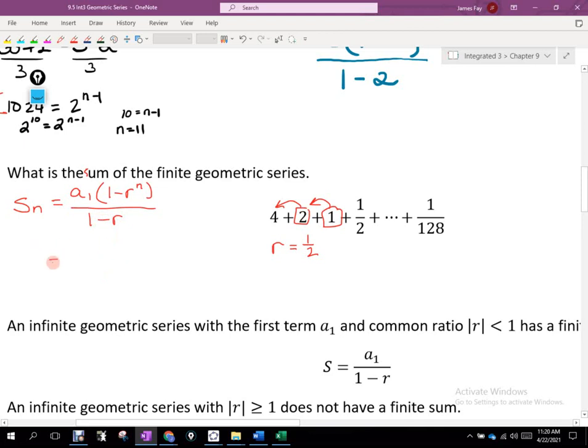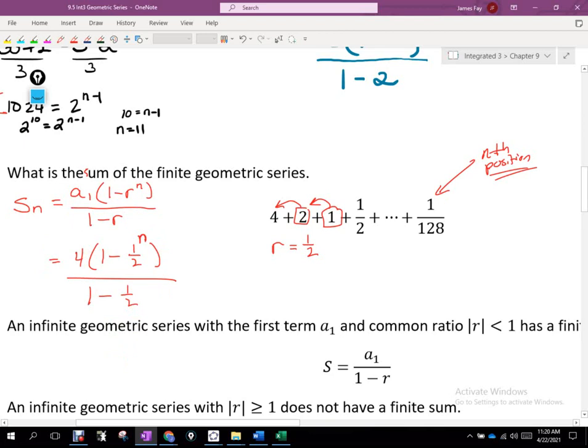Do I know the first term? A sub 1 is 4. 1 minus, do I know r? 1/2. Do we know what term that is right there? No, that's the nth position, right? And the nth position tells me what n is in this formula. So I don't know that n yet. But I know 1 minus r on the bottom would be 1 minus 1/2. So I know all that stuff, just like the last problem.